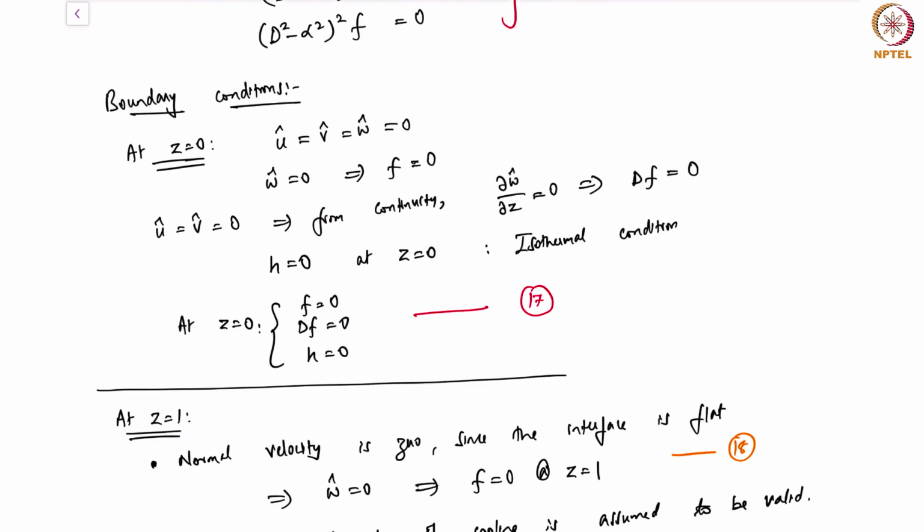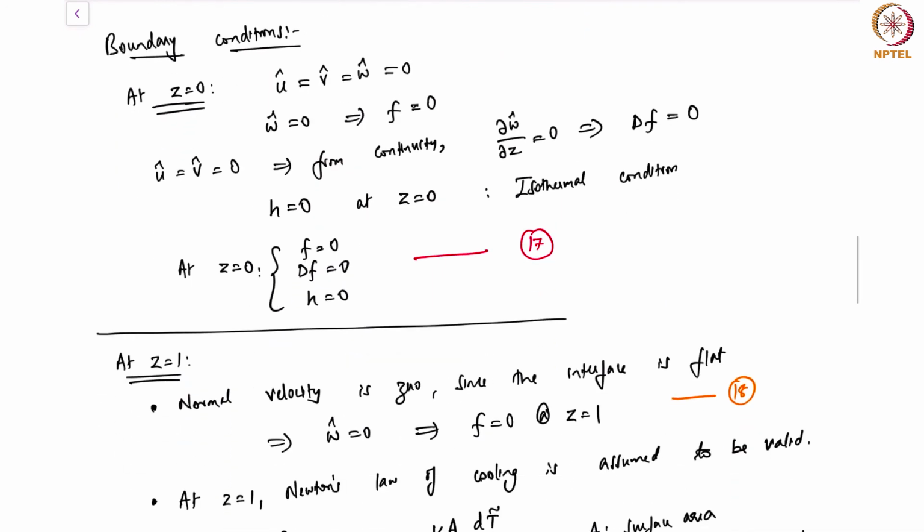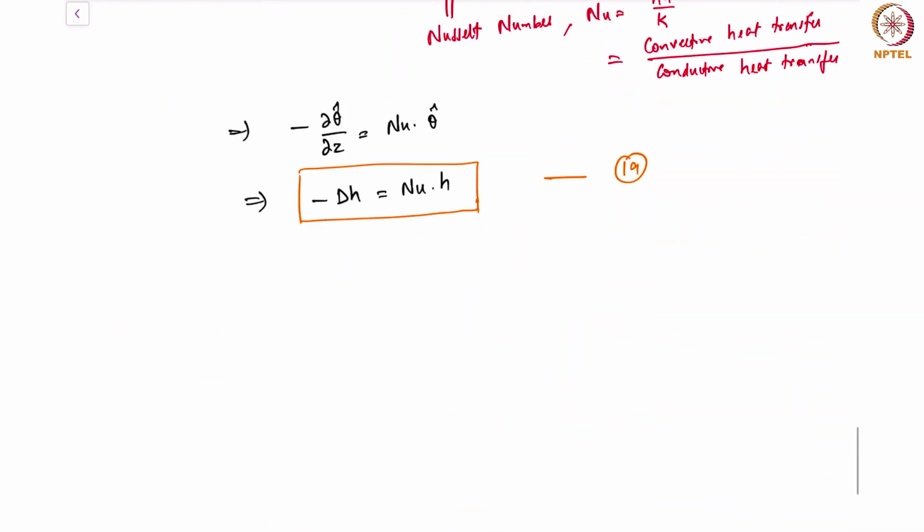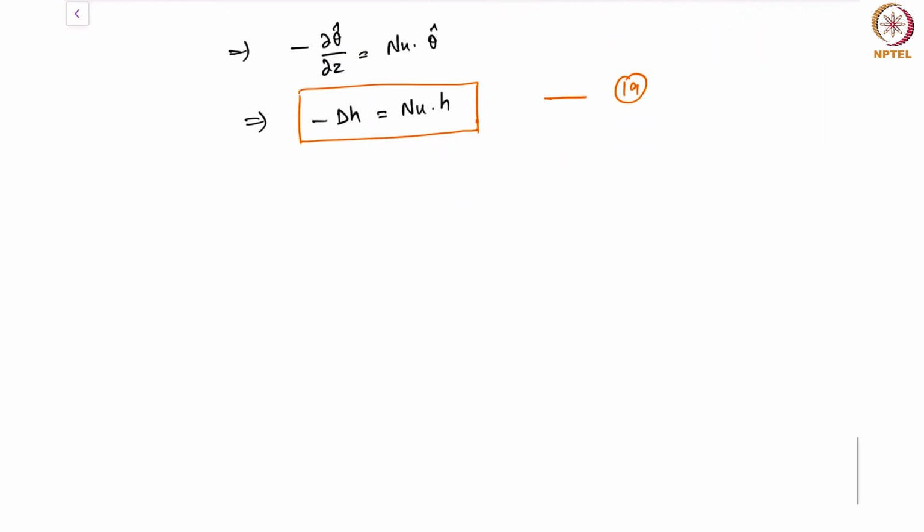One is at z is equal to 0, h is equal to 0, and the other condition that we've just derived is equation 19, which relates the derivative of h at the interface to the local value of h at that location. We have to evaluate the condition at the free surface for f. So we will take it up in the next lecture, but I will basically lay out the outline for it.